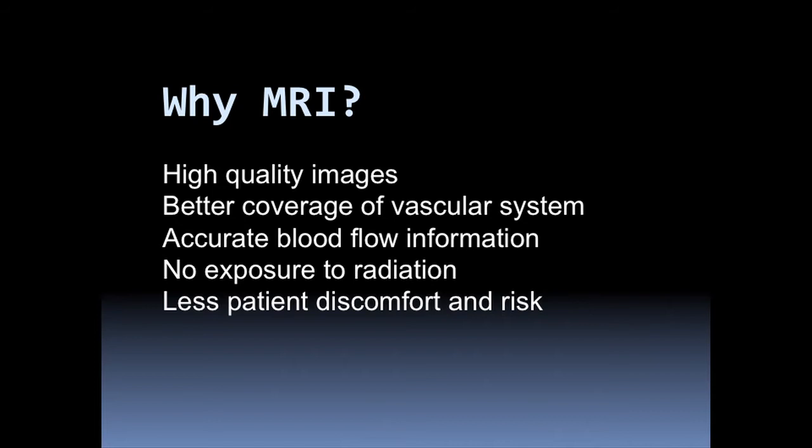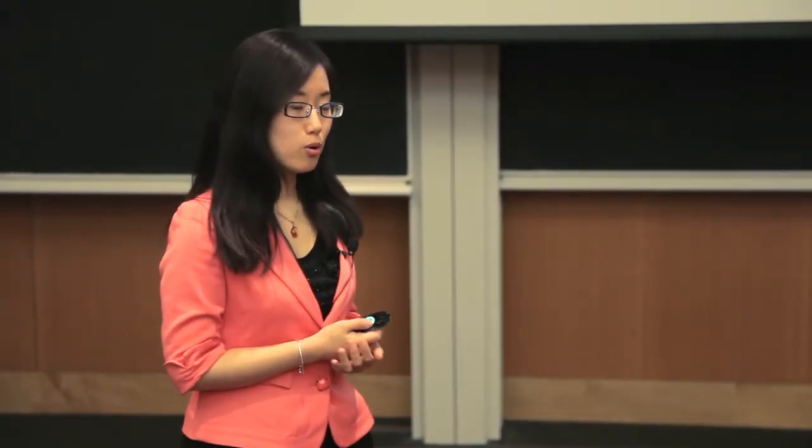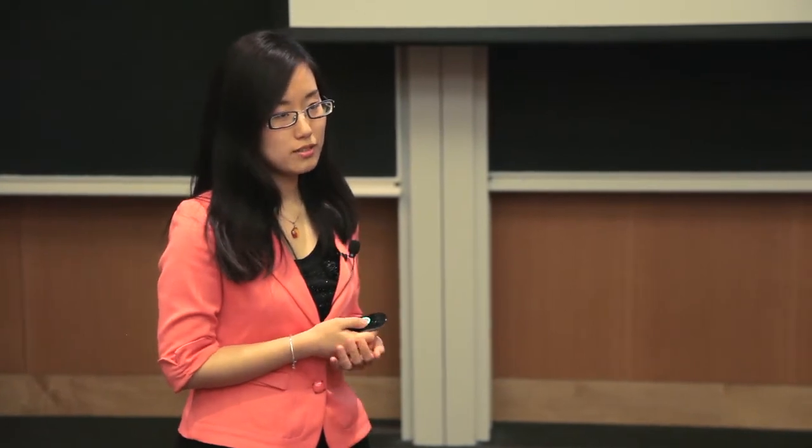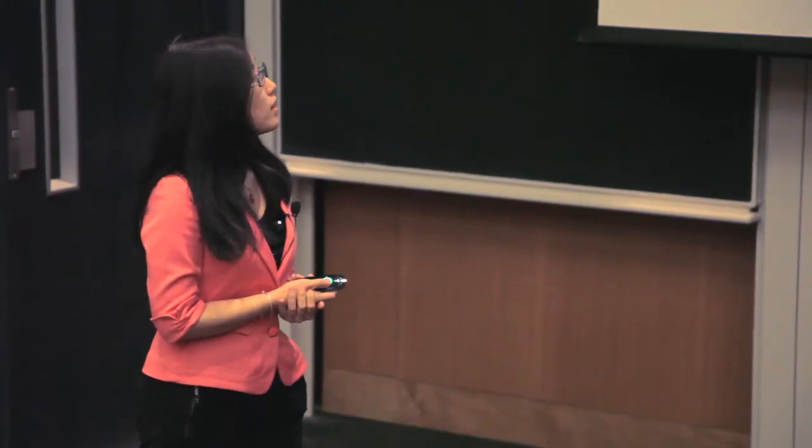MRI can produce very high quality images, and it can have better coverage of the vascular system in the liver, and provide blood information in the liver's vascular system. And also the patient will not have exposure to radiation, which is very important for pregnant women and also for babies. Also, the patients will not feel discomfort and are not at risk.